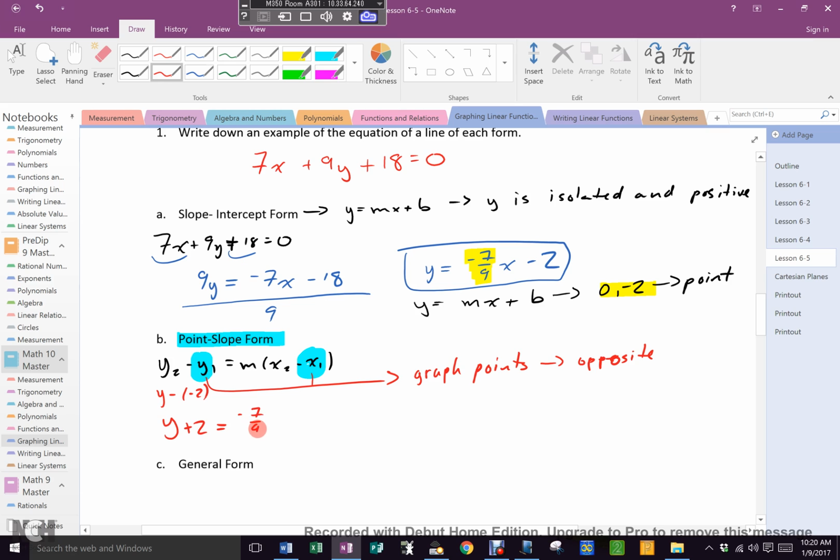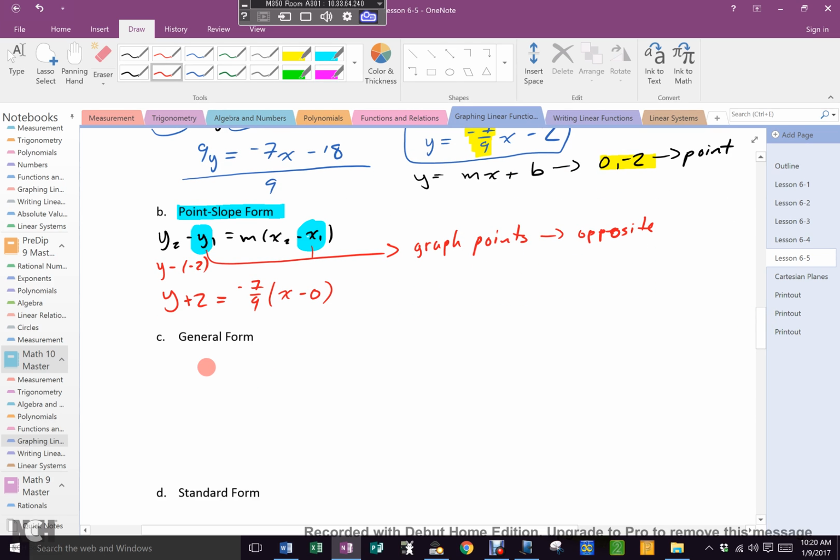Negative 7 over 9. Yeah? X minus 0. Would I ever write that? No. But it's there, isn't it? Everybody cool? All right.